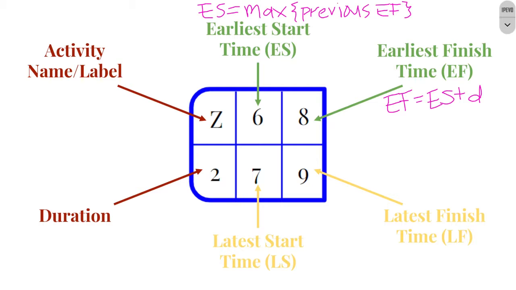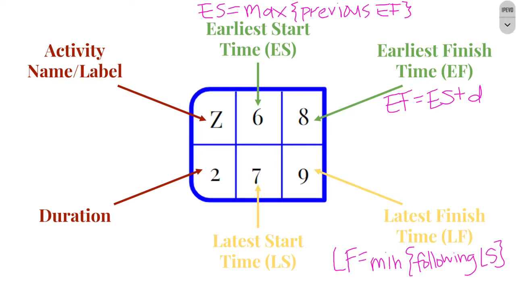For my latest start and finish time, I'm actually going to work my way backwards, which means I'm going to find my latest start time or latest finish time first. Right, so the latest finish is actually based on the following nodes, so activities that happen after the node we're on. We are going to want to choose the minimum of the following late starts, which again feels a little weird, but it'll make more sense whenever we're actually in the diagram.